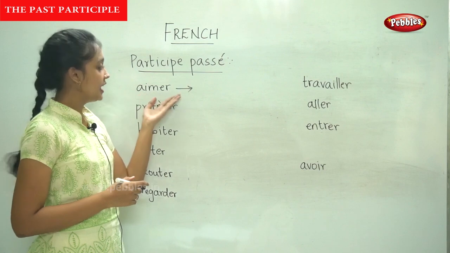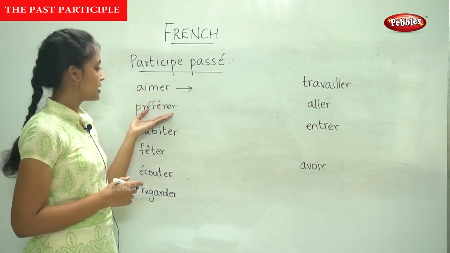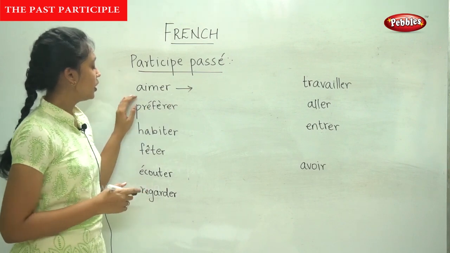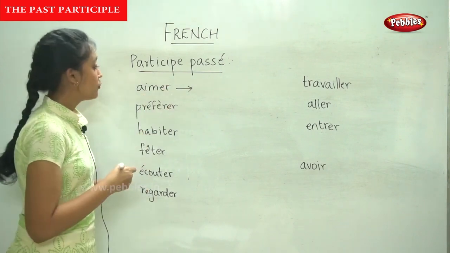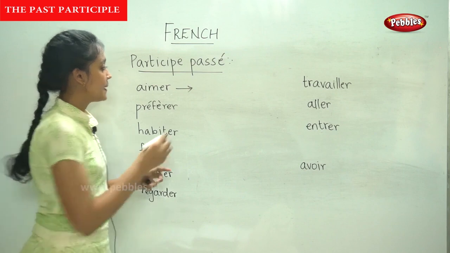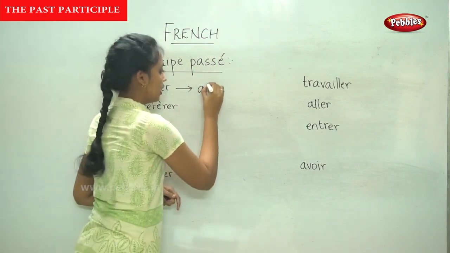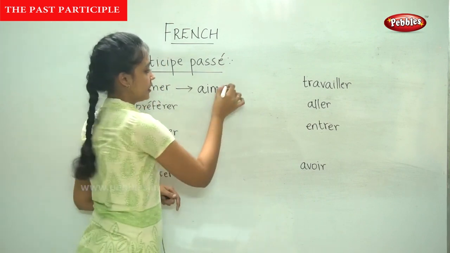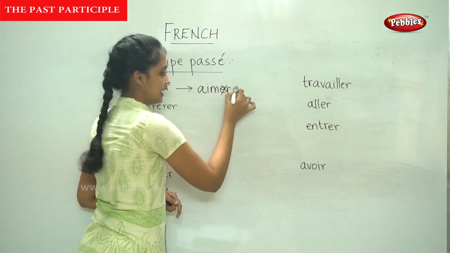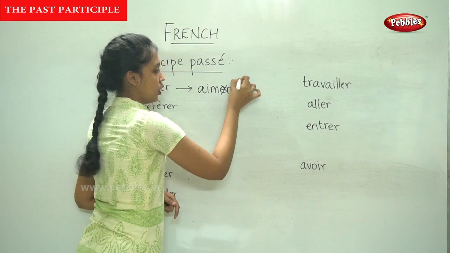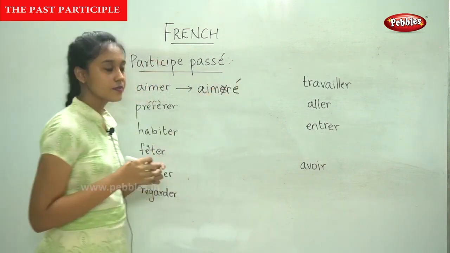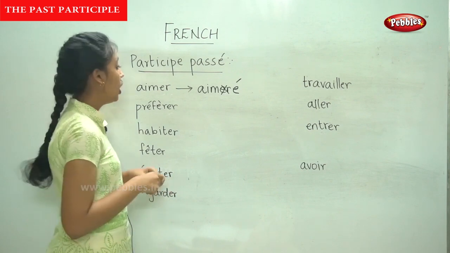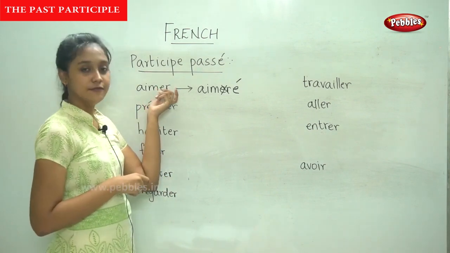For the ER verbs, we are going to see how to write the past participle. So now aimer. For the ER verb, the past participle is formed by removing ER and adding E with an accent. So this is how you form the past participle of an ER verb.